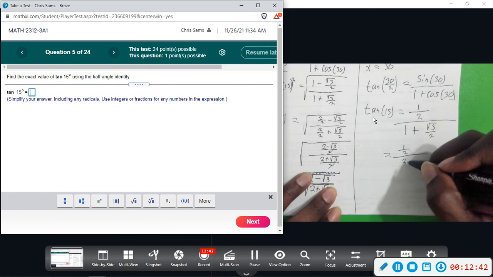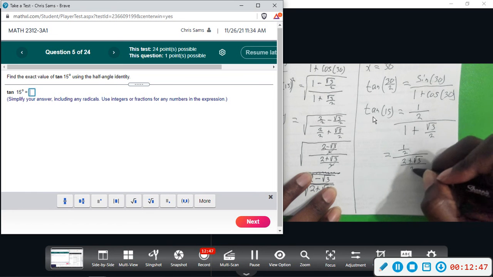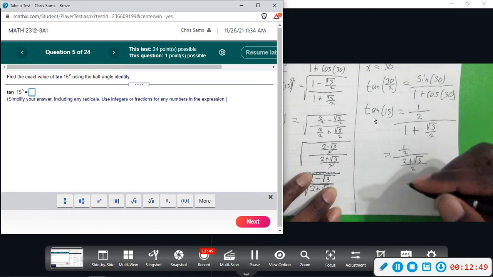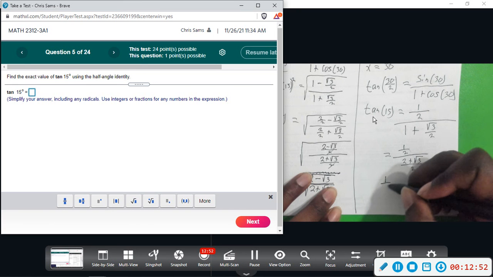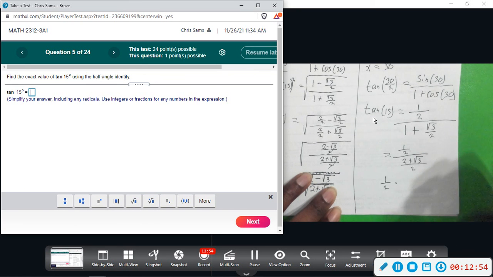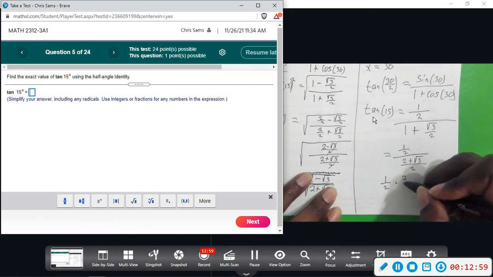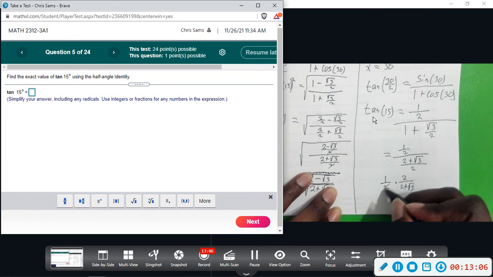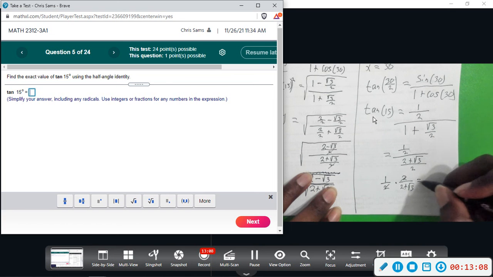So I'll have 2 plus square root of 3 over 2. Then when we keep, change, flip, this becomes 1/2, change, flip, this becomes 2 over 2 plus square root of 3. The 2's will divide out, and then that gives us 1 over 2 plus square root of 3.